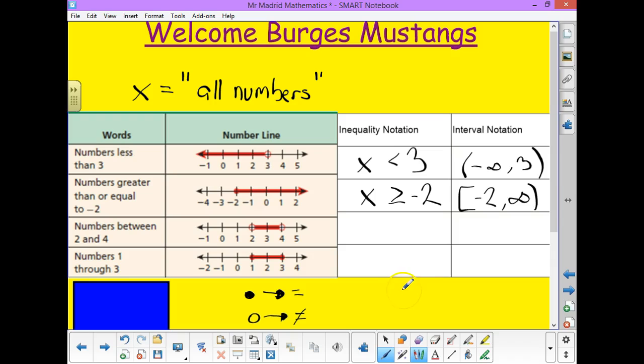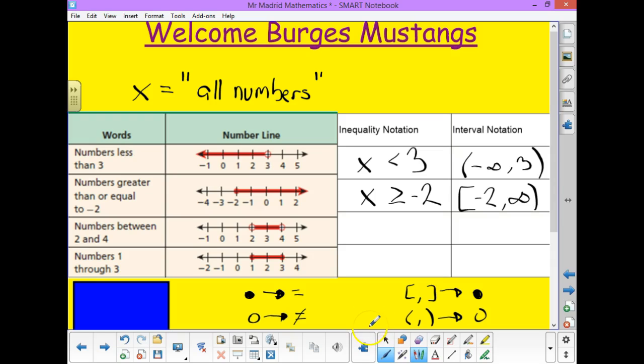So let's make note of that. You can have these brackets if you have the closed circle, and you will use parentheses if you have the open circle.